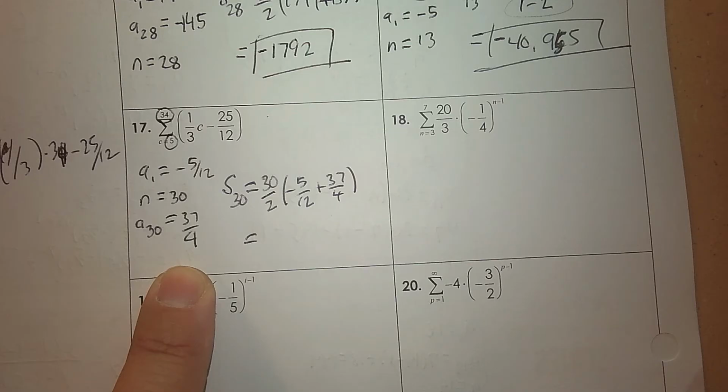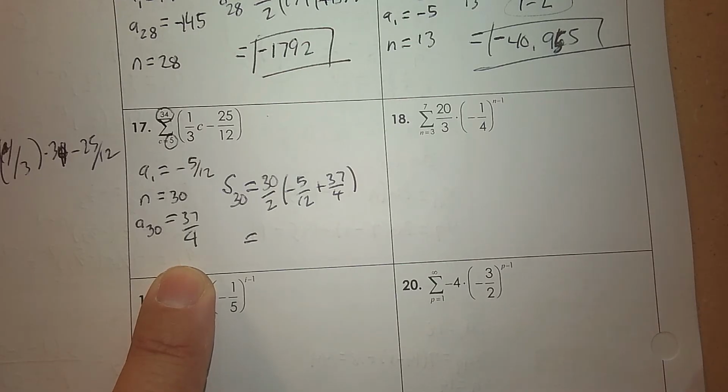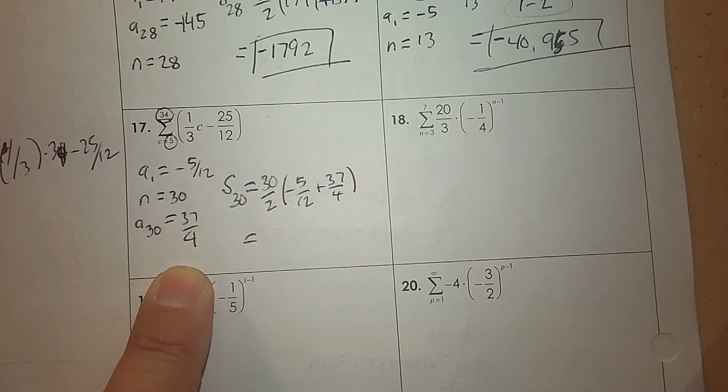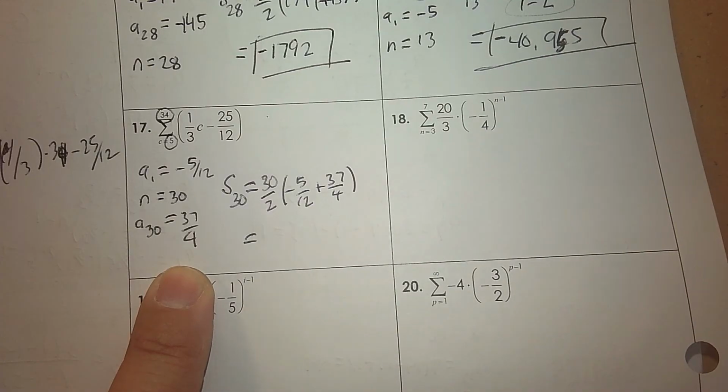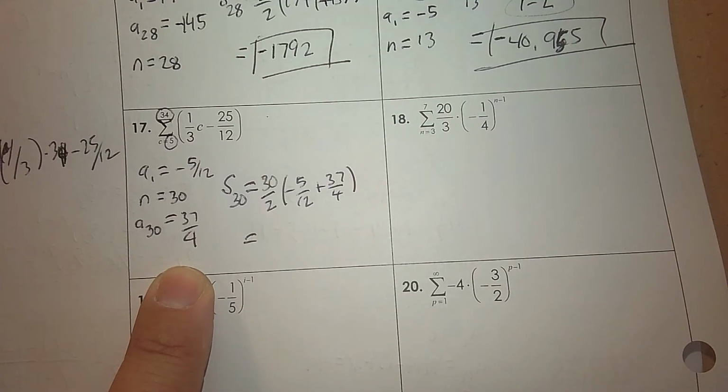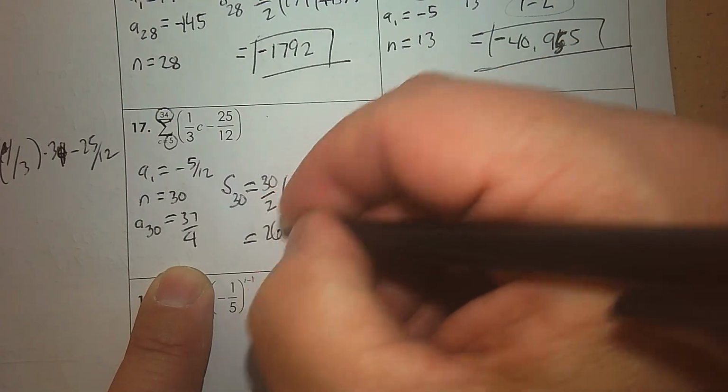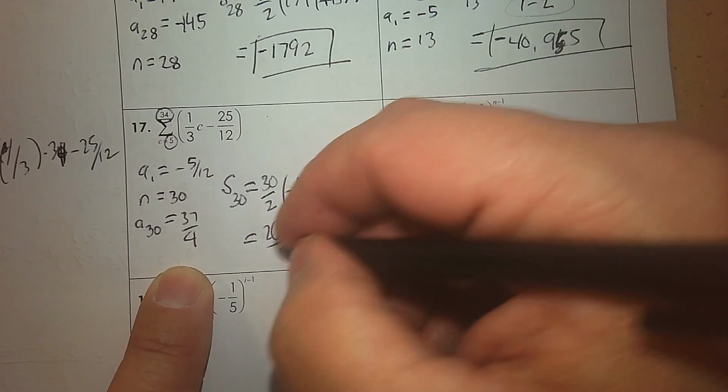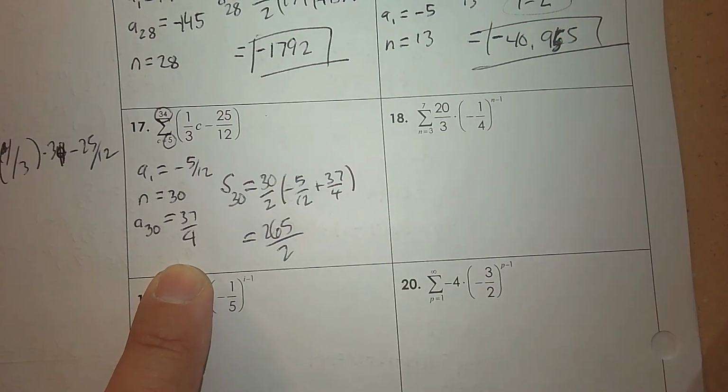Again, this one you could write as a decimal or a fraction. So as a fraction, it's 265 over 2, or you could divide it in half and have a decimal.